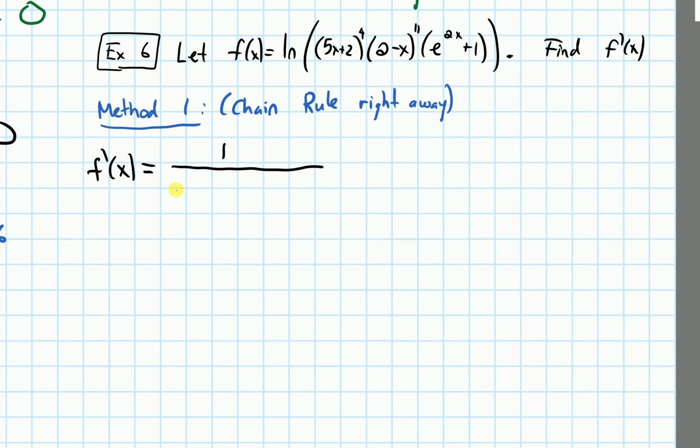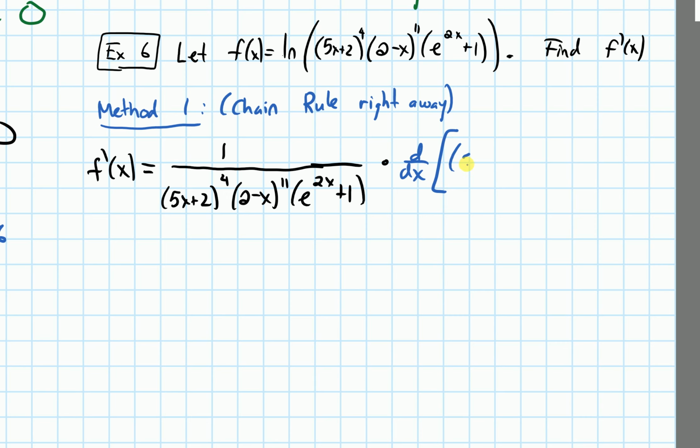So we'll have 1 over (5x plus 2) to the 4 times (2 minus x) to the 11 times e to the 2x plus 1. So it's 1 over the stuff times the derivative of the stuff. So we'd have times the derivative of that stuff, the (5x plus 2) to the 4 times (2 minus x) to the 11 times e to the 2x plus 1.